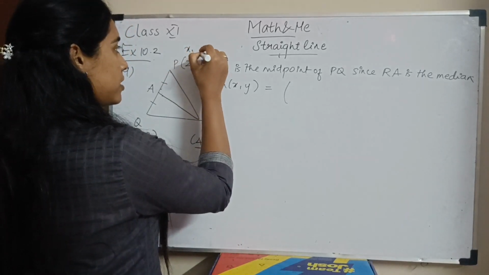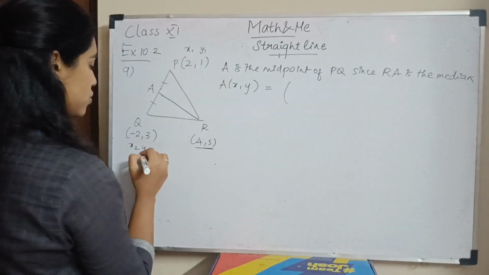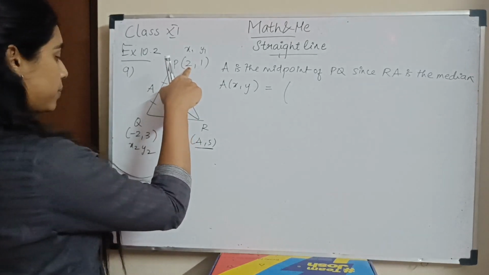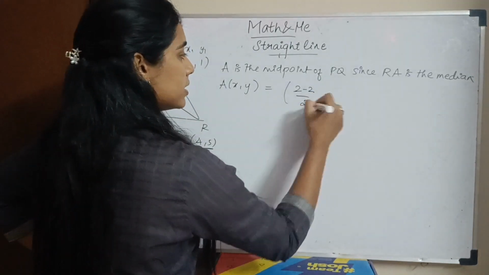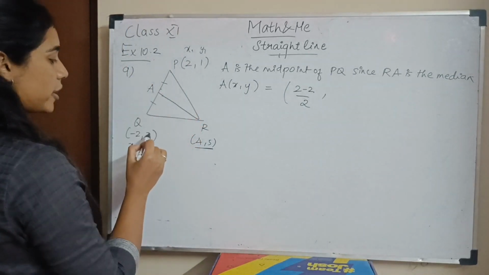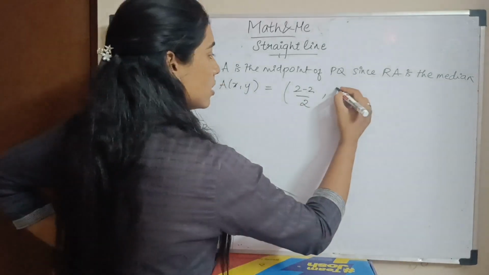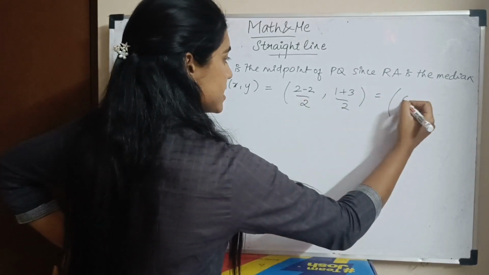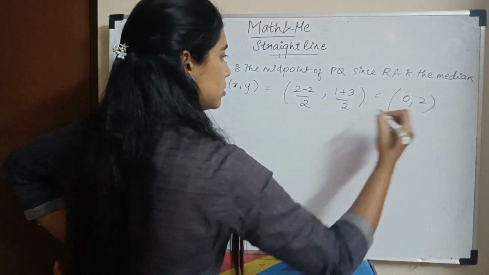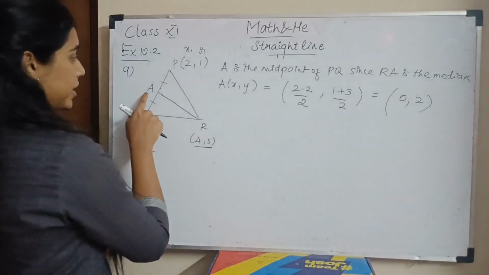So this is x1, y1, x2, y2. So I have x1 plus x2, which is 2 minus 2 by 2, comma, y1 plus y2, which is 1 plus 3 by 2. So what do I have? 0, 4 by 2 is 2. So that is the coordinate of A.